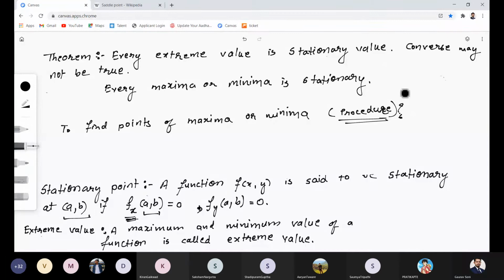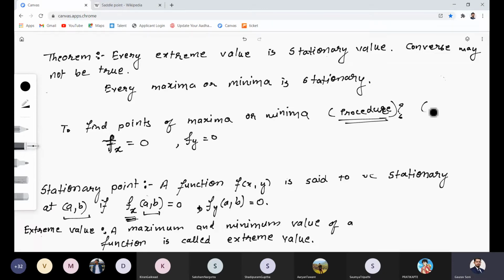So we'll find the derivatives with respect to x at a b. So we need to find a b. So we'll have f x equal to 0, and f y equal to 0.